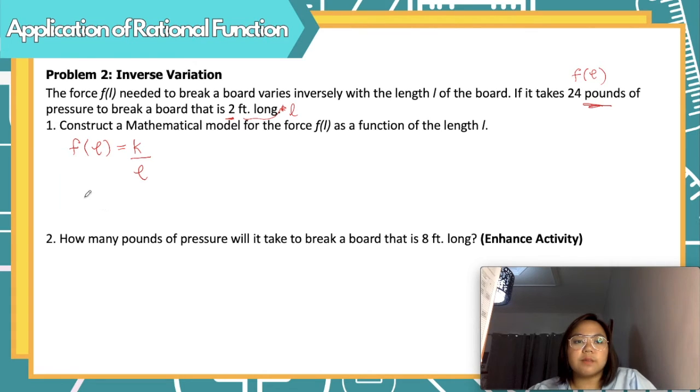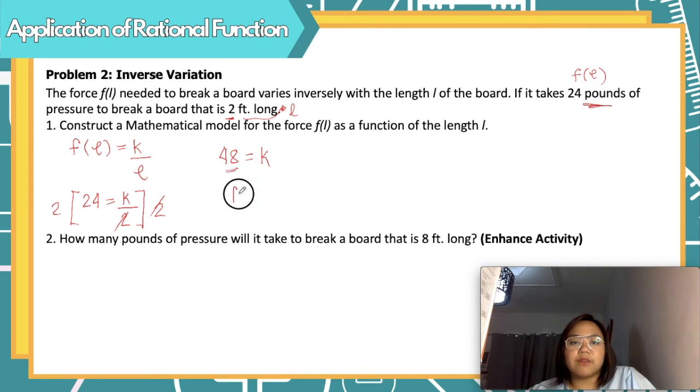So this will be 24 is equal to K over 2. Then we solve for K and get the LCD. Two will be the LCD, multiply it to both sides. Two times 24 is 48, and then this will be cancelled out, is equal to K. Since K is 48, we just have to substitute it to this equation.